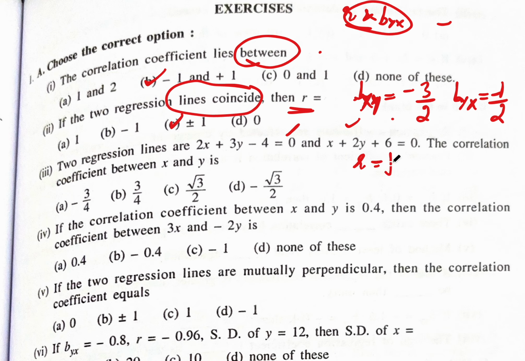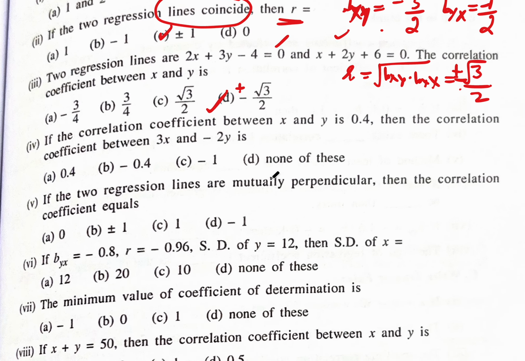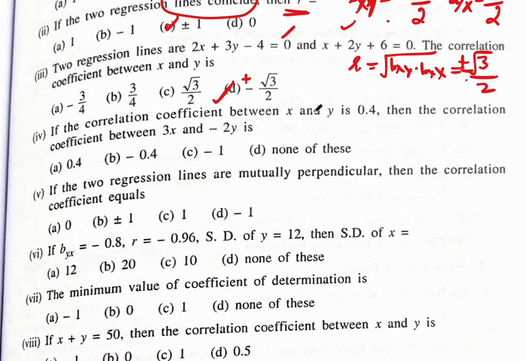So R is basically √3/2. Now it can be plus or minus √3/2. We don't know. For a plus or minus we cannot state. So on that behalf I will assume this should be my plus minus, and then I'll take this, because otherwise I have no idea of it. So that's going to be my option.